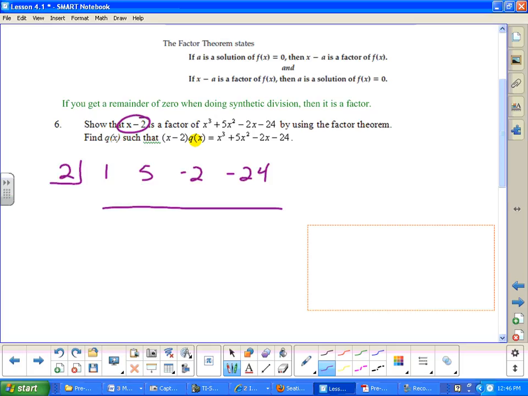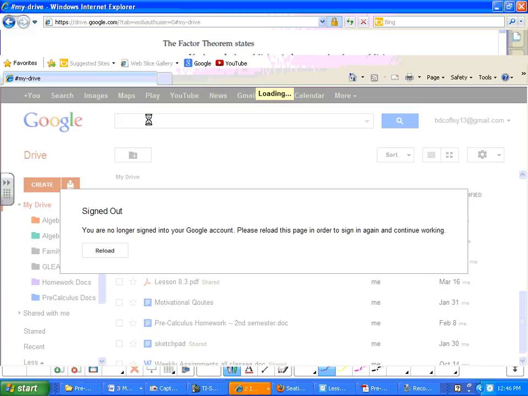So when we do our synthetic division then, we bring down the 1 first. 1 times 2 is 2. 5 plus 2 is 7. 2 times 7 is 14. -2 plus 14 is 12. 2 times 12 is positive 24. So we get 0 here. So since my remainder is 0, it is a factor.